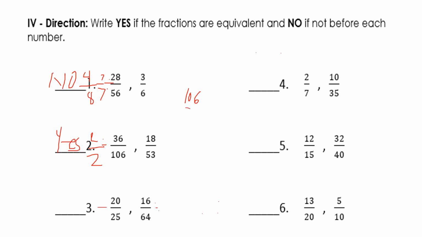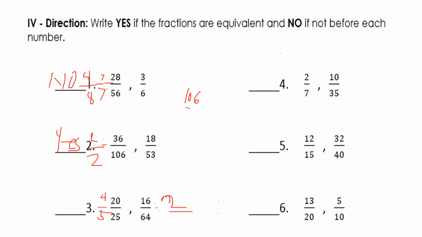20 and 25. So this is 4/5. And this one divided by 4. That would be 4 times 4, 16. So that's 2 over.